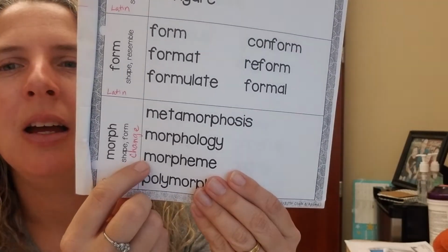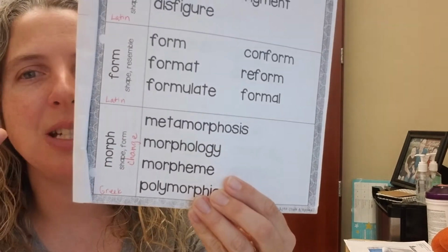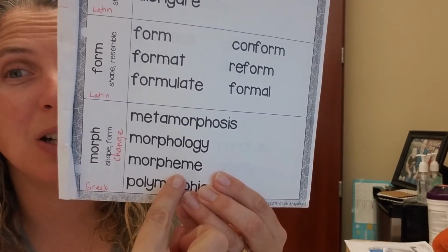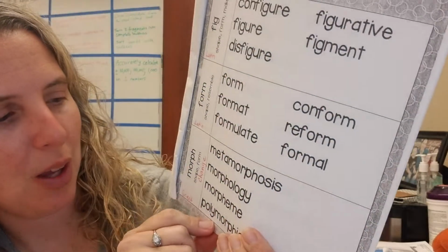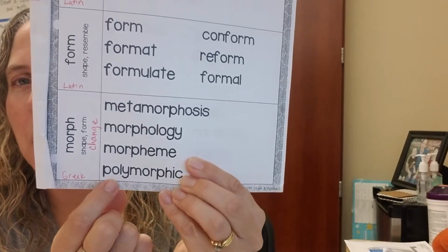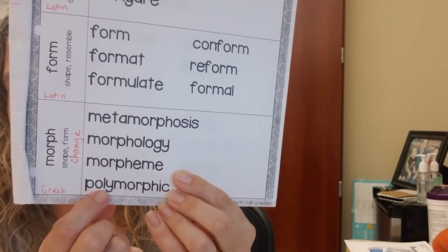Like if I said the word cat, you could tell me the morphemes in it, which are the different sounds, like the k, at. You won't use this word, but you use it all the time. Polymorphic. If you know this part, poly means many. So it has to do with many changes.